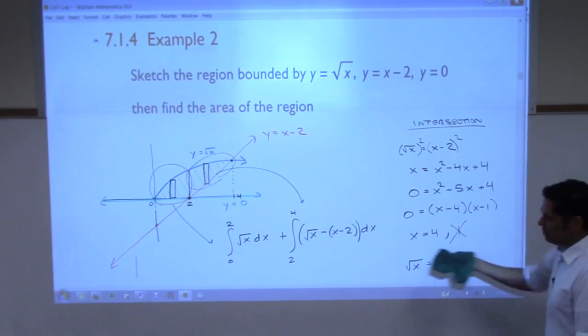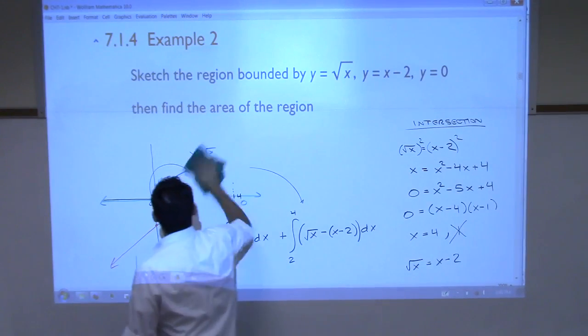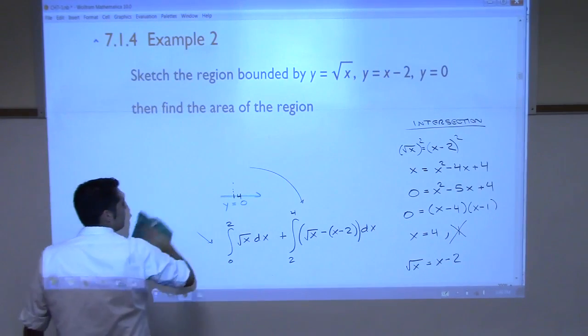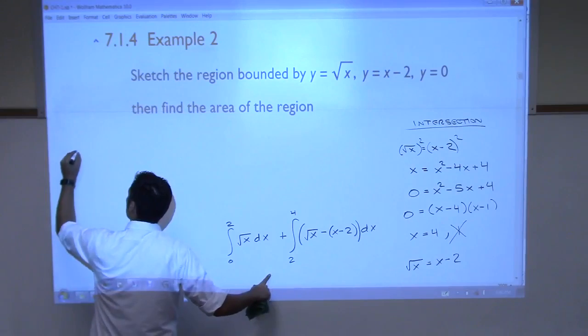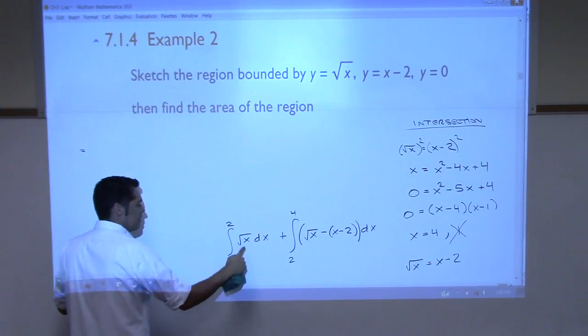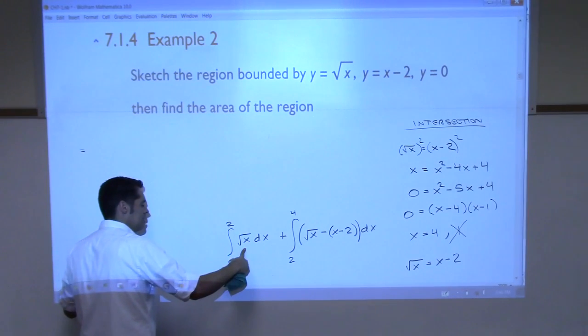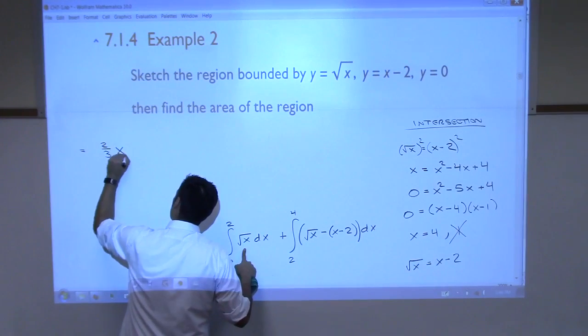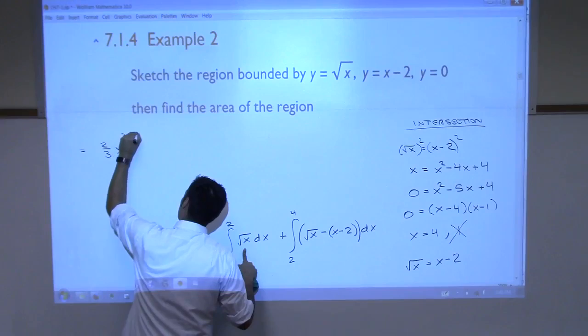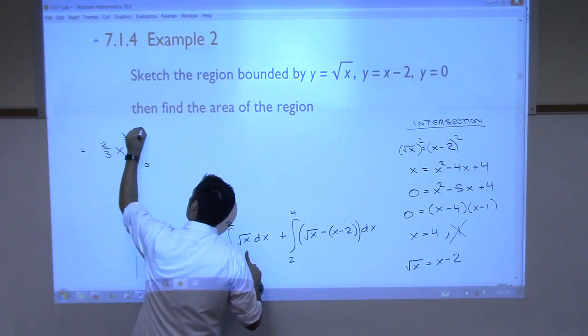All right, let's take it all the way. Okay, this equals, let's do the antiderivative. Antiderivative of root x is 2/3 x to the 3 halves, right? It was a good break, wasn't it?